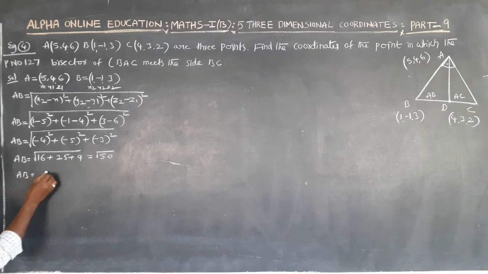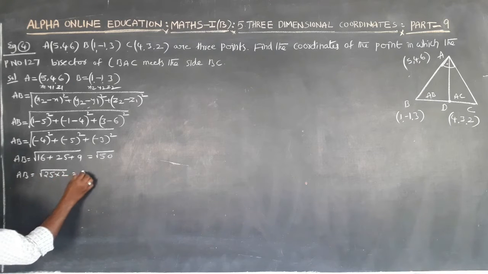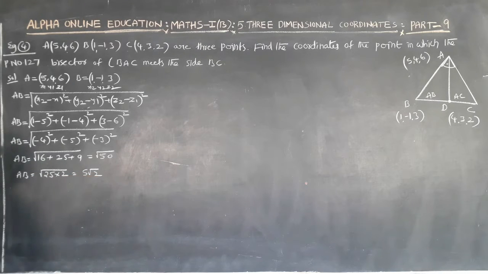AB is equal to root 50, which is root of 25 twos, means 5 root 2. AB is equal to 5 root 2.